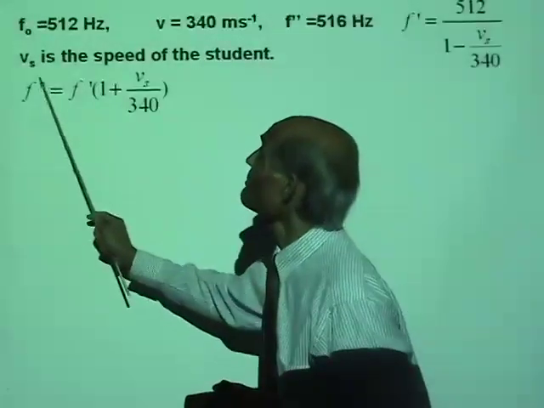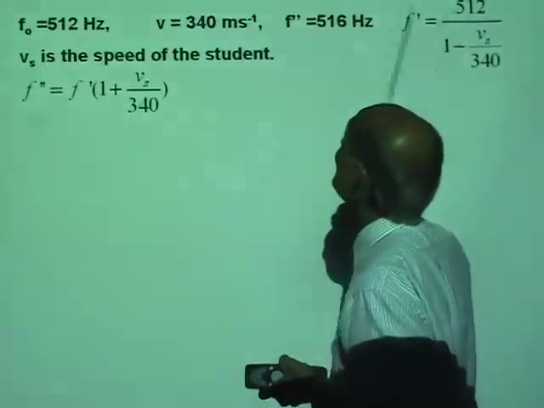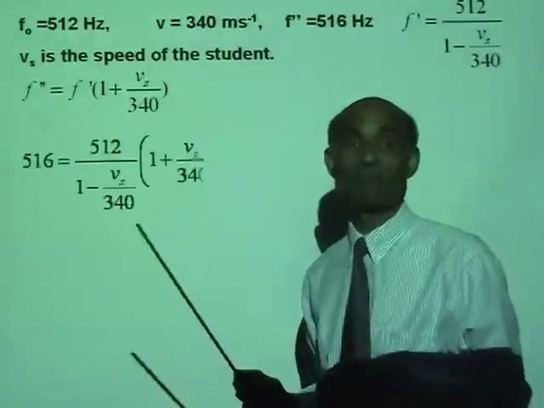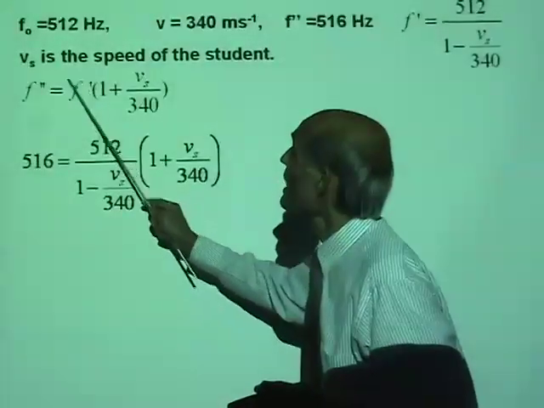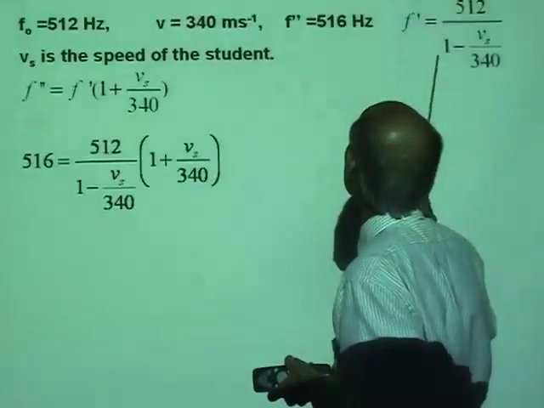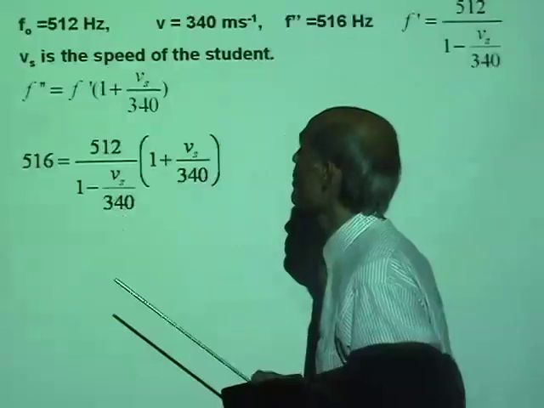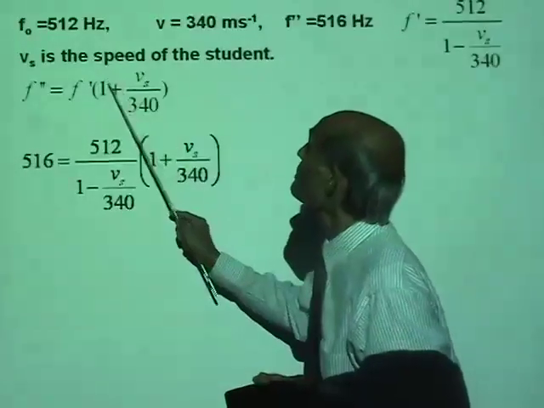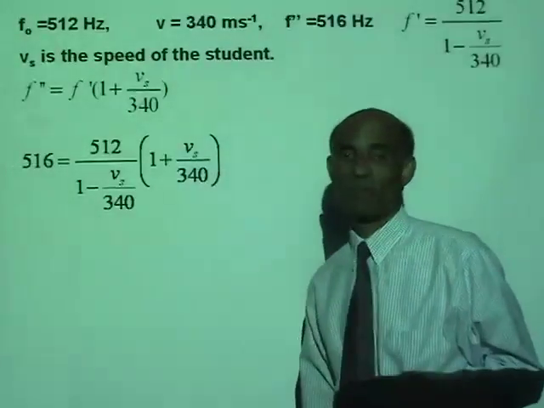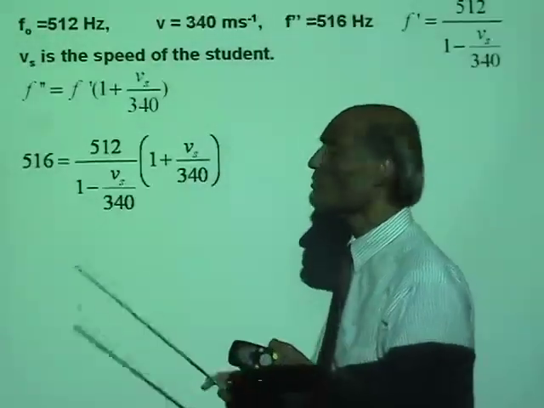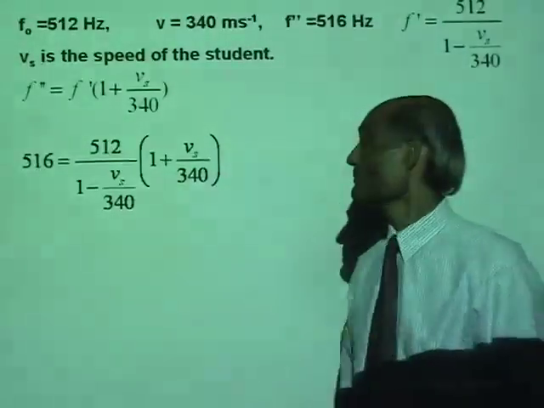We know our F double prime, and we know F prime is that relation which we're going to replace there. So 516 equal to, this F prime is replaced by this quantity, 512 divided by 1 minus Vs over 340 times this 1 plus Vs over 340. Alright, can you help me now solve for Vs? Vs is the only unknown quantity there.